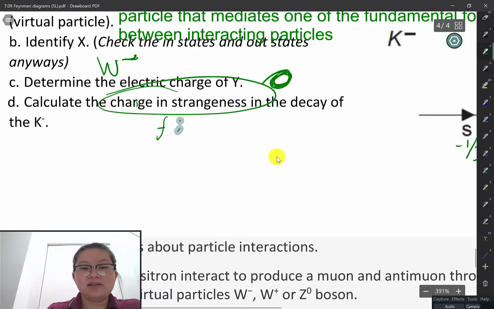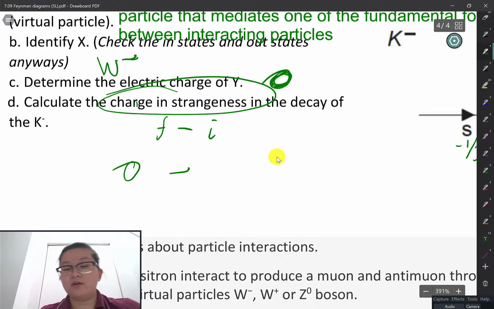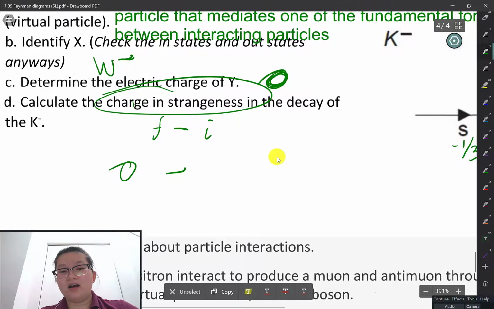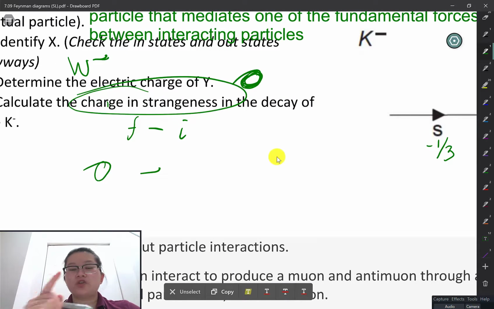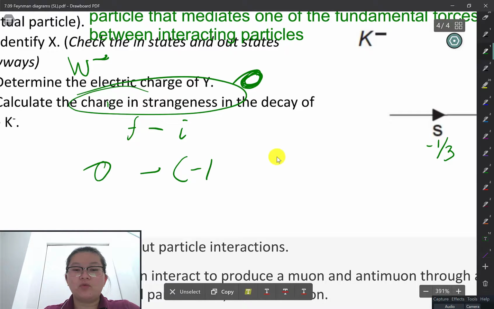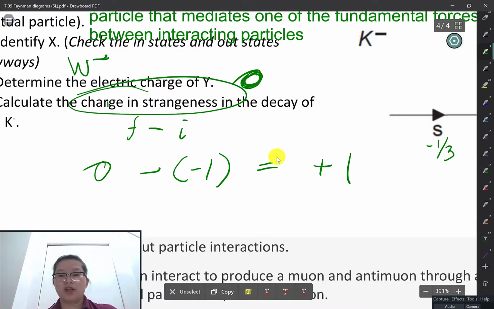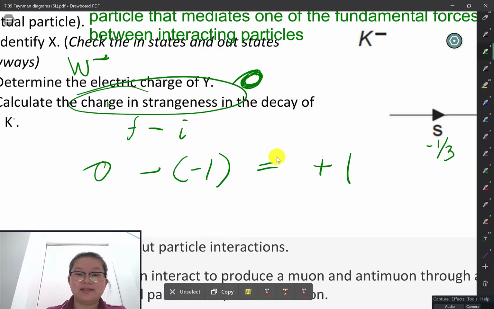In our case, final is 0, it has a strangeness of 0. In our initial state, there is one strange quark, and one strange quark has a strangeness of -1. So the overall change is going to be +1 in strangeness, meaning it gains a strangeness number in this process.